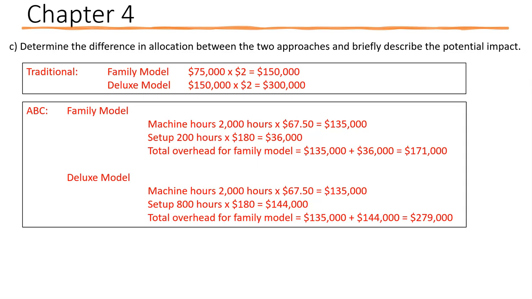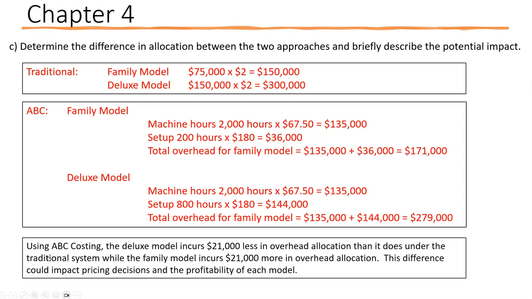Now we can compare the two methods. So using ABC costing, the deluxe model gets $21,000 less in overhead allocation than it does under the traditional system. So traditional, we would have said $300,000 for the deluxe model.